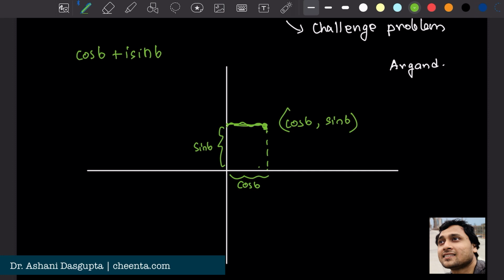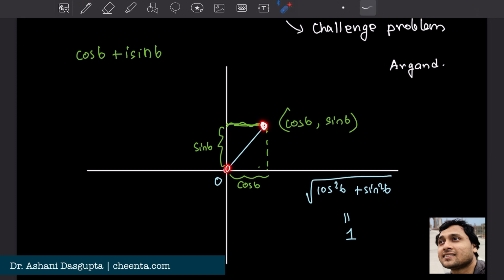And you can easily calculate that the distance of this particular point from the center is the square root of cosine square b plus sin square b. I'm just using the distance formula. We know that cos square b plus sin square b is 1, so this is 1. Therefore, the distance of this point from the origin is 1 unit. Hence, I can write this as points on the unit circle.